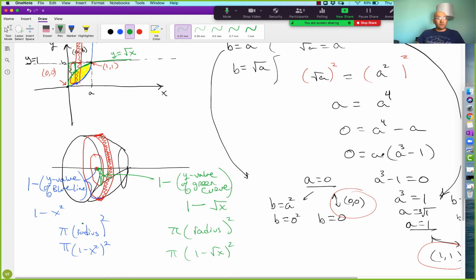This is the volume of the solid coin if there was no hole. So if we subtract this one minus that one, we'll get the volume of the actual washer, right? So we're interested in this washer here. It's like a coin with a hole in the center. And so if we subtract this one minus that one, we'll get that one.